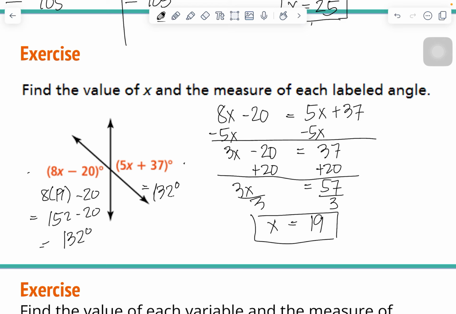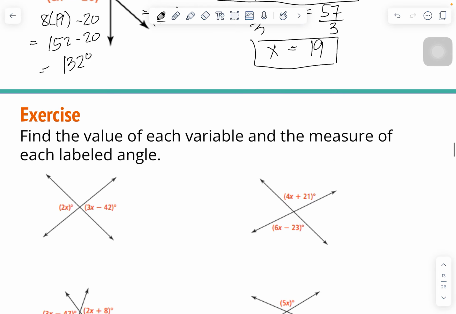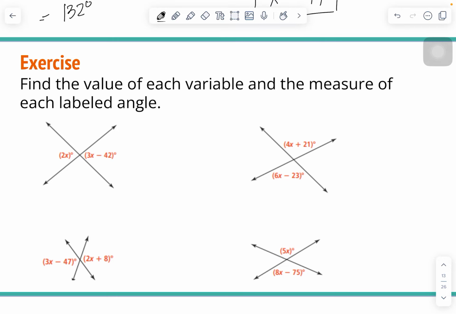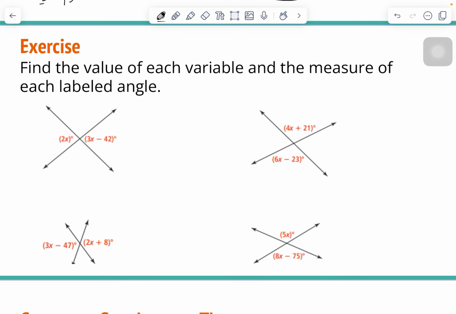Next, you have here this 4. So I gave you this problem. Let me solve only 2 in here. So you have, let's have this one. Those are vertical angles, so they're congruent. So the same thing, 2x is equal to 3x minus 42. So let's say subtract both sides by 2x.